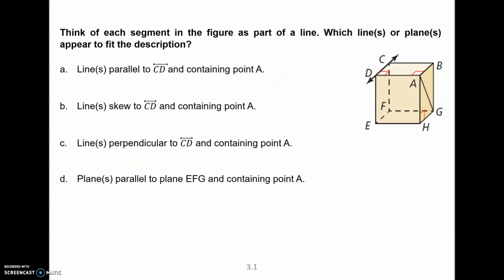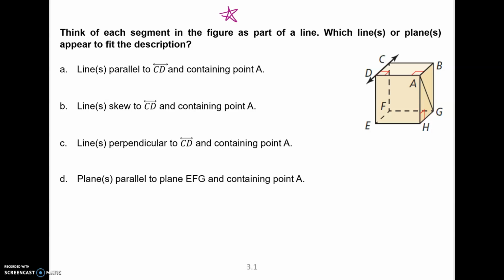Now we're going to look at a very important diagram. This diagram is of a cube. It says think of each segment in the figure as part of a line. Which line or lines or plane or planes appear to fit the description? This is something everyone messes up to start with.